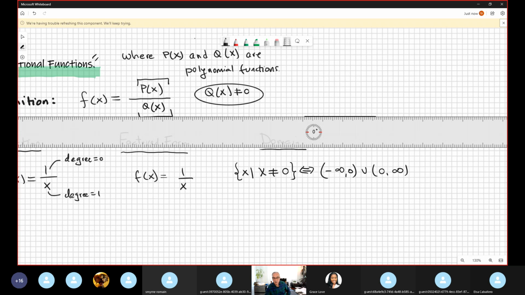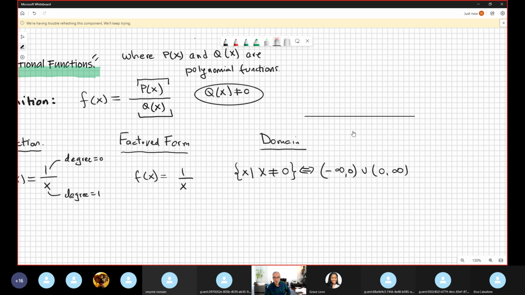Where? At 0. Okay. Infinity positive, infinity negative, and in the middle we have 0. I know that it's not 0 because it would be undefined. Therefore, my domain is that part, but at 0 we have a hole. This piece is this piece, and this piece is this piece. Is it clear?